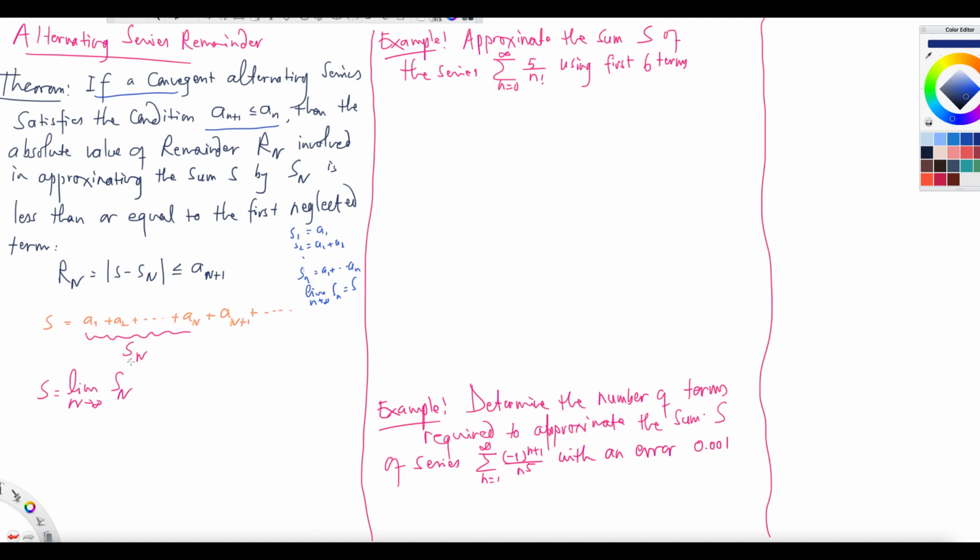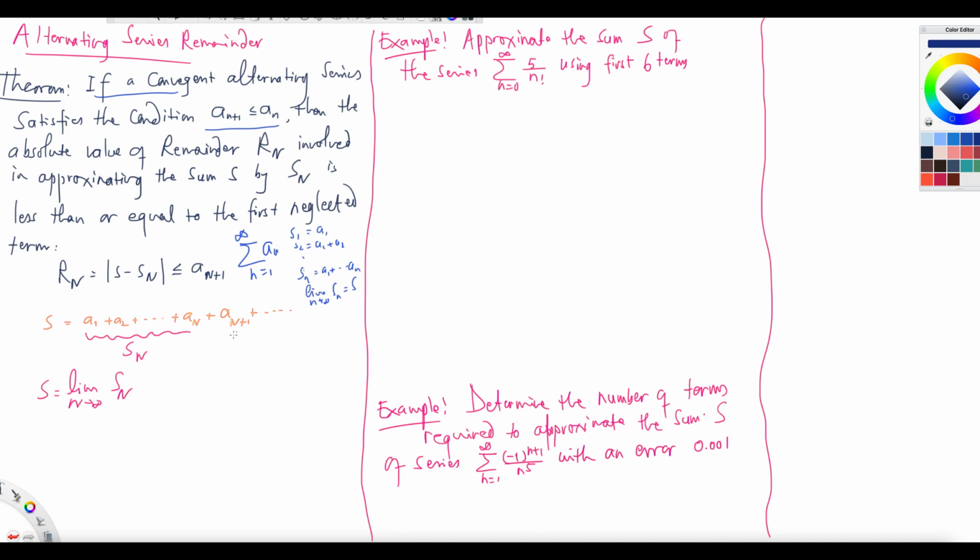That's what we did in section 9.2. When you approximate the sum of the series, n equals 1 through infinity of an, by the partial sum, we use only Sn, the first n terms, and we find the limit of that and denote it by s.